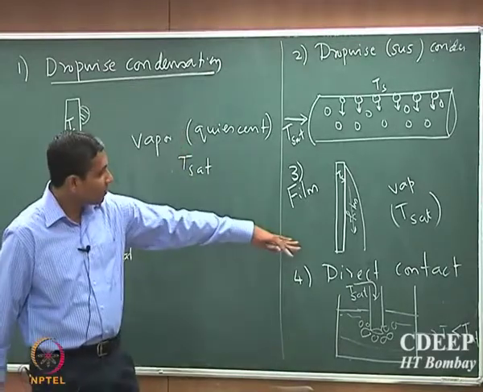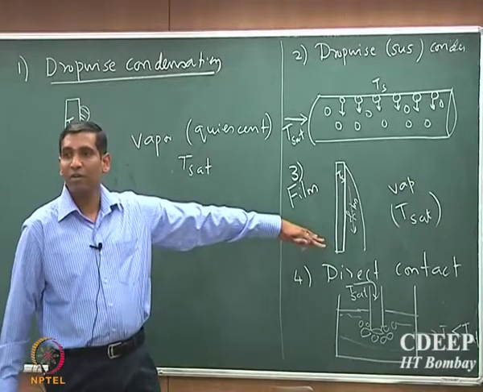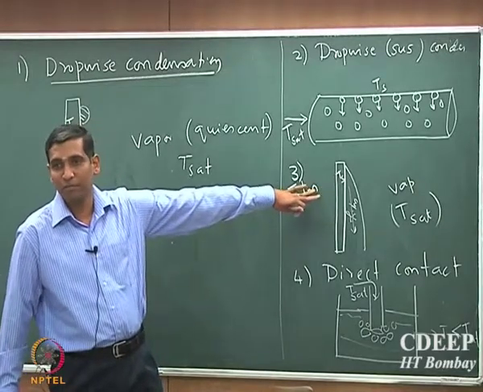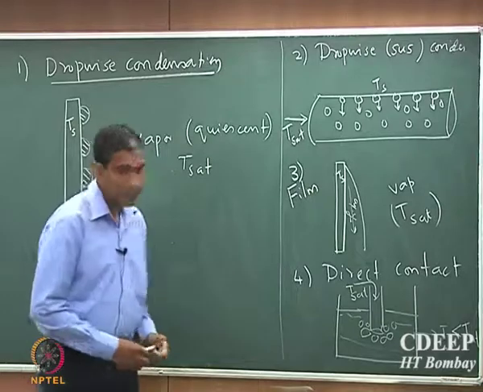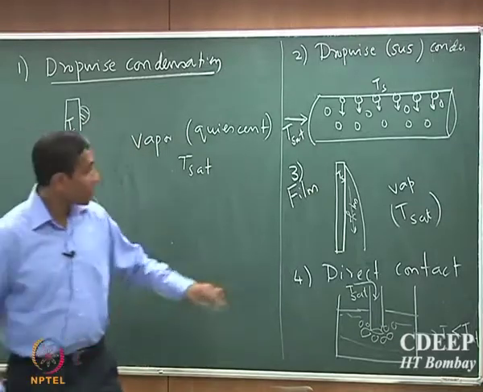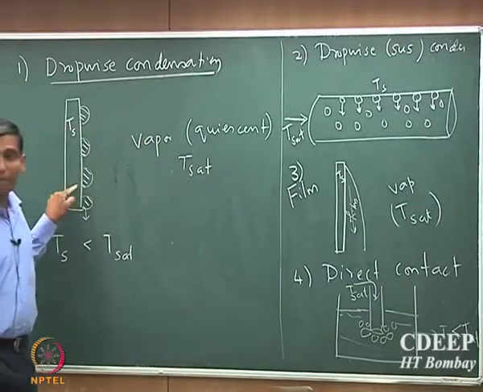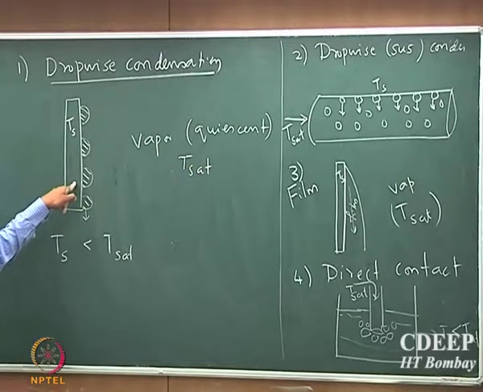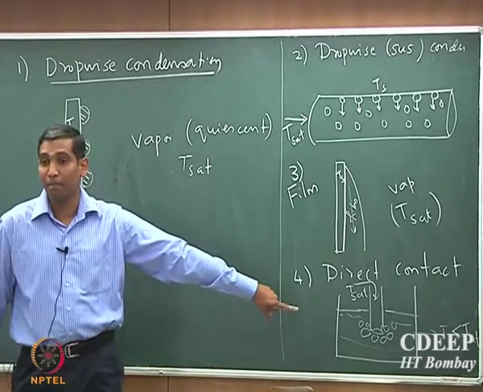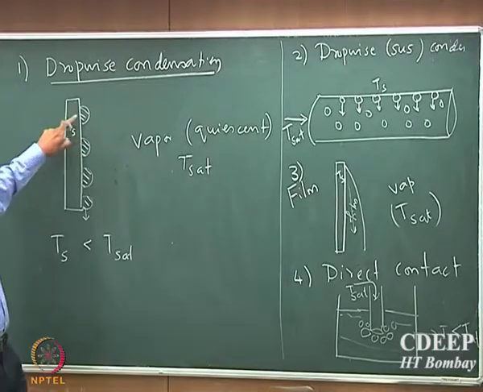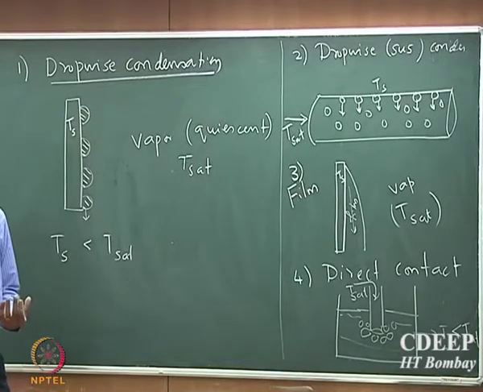So, what we are going to see for the rest of today's lecture is we are going to characterize the film condensation process. There is a difference. Here, in dropwise condensation, the drops are forming at a solid surface. Here, the drops are actually forming in bulk. So, film condensation is when you have significant liquid formed.